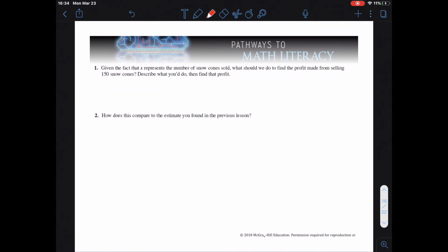So given the fact that x represents the number of snow cones sold, what should we do to find the profit from selling 150 snow cones? And then describe what you do, find your profit. So x is the snow cones. We're going to replace x with 150, because that's what the snow cones is.